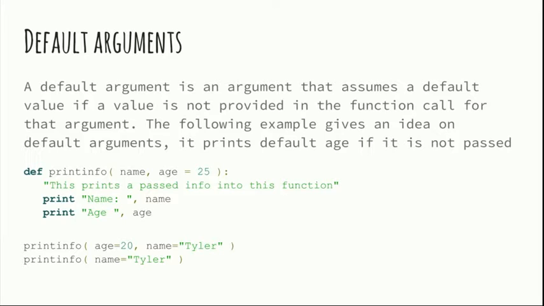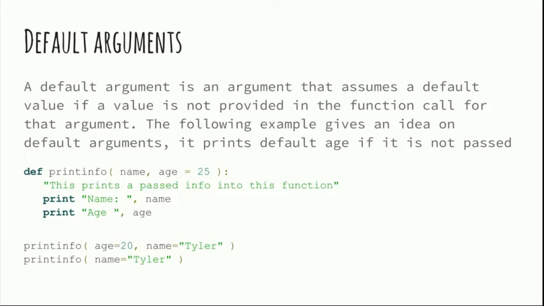Now, default arguments. A default argument is an argument that assumes a default value if a value is not provided in the function call for that argument. The following example gives an idea of default arguments.